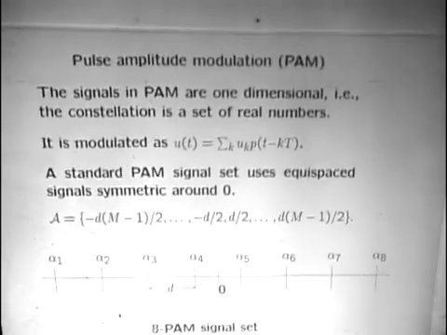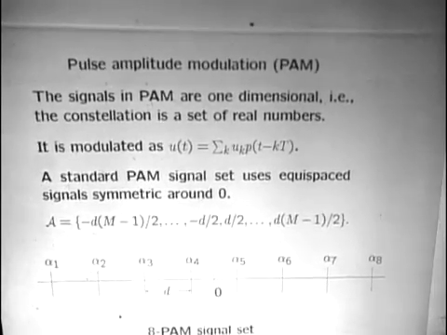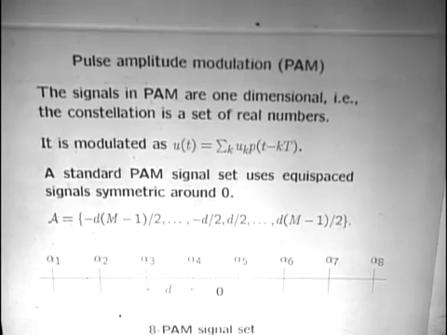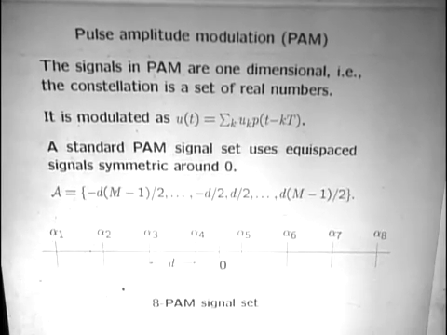Again, I'm doing this first not because it's the most important scheme to talk about, but because we want to understand these things one by one. And when we understand PAM, we'll then talk about QAM, and you'll understand that. And then we can go on to look at other variations of these things.